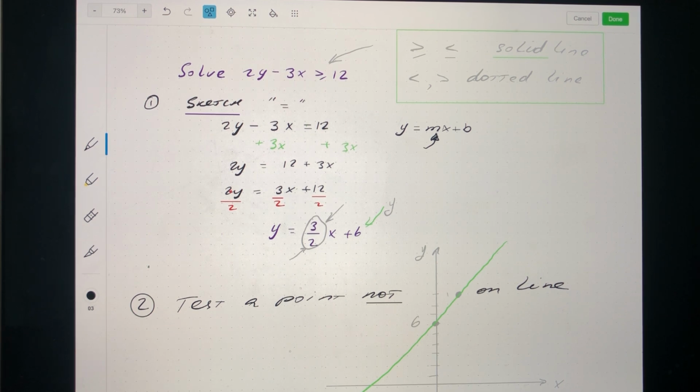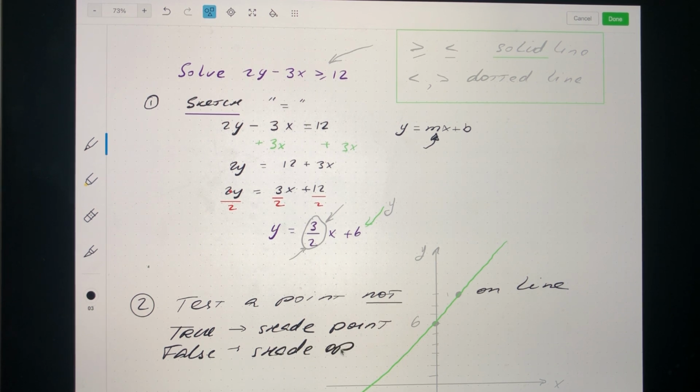It's not above or below, it's right on the fence, and we cannot use points on the fence. So test a point not on the line, and if the result turns out to be true, then we shade the side where the point is. If the answer turns out to be false, then we shade the opposite side.